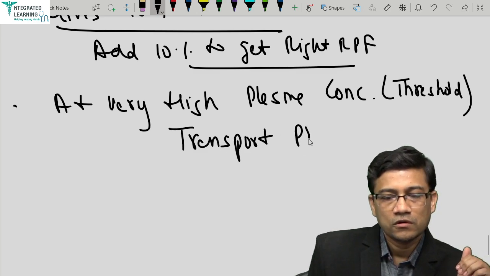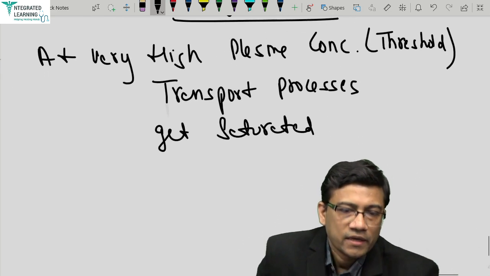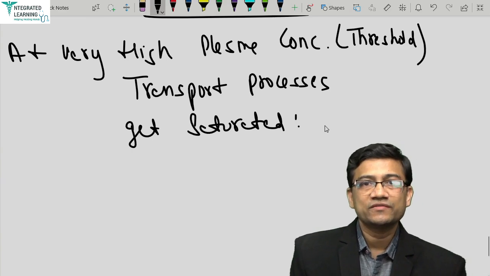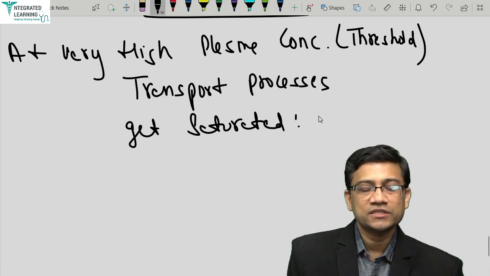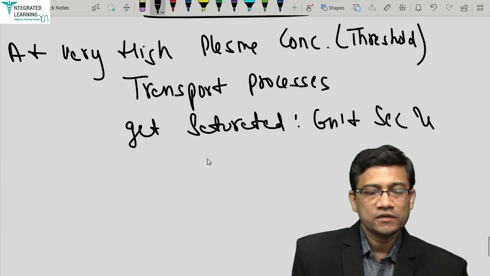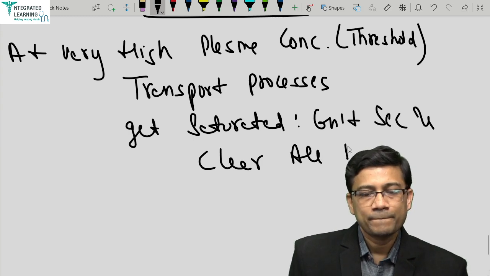So transport processes get saturated and we can't secrete much. What happens? The secretion reduces. So that is why you can't secrete and clear all the PAH in urine.